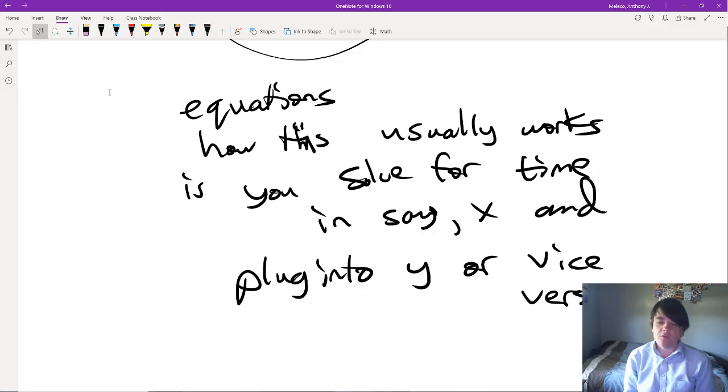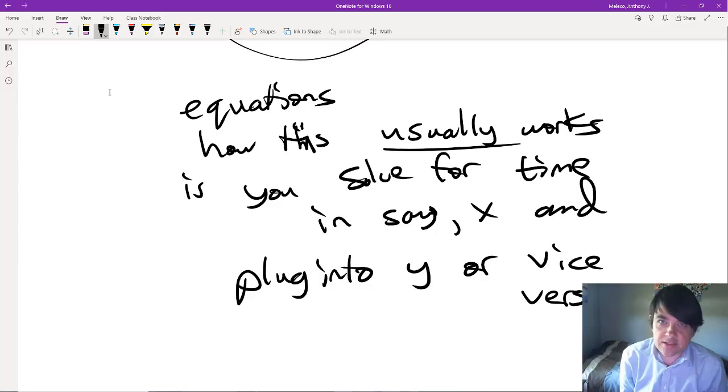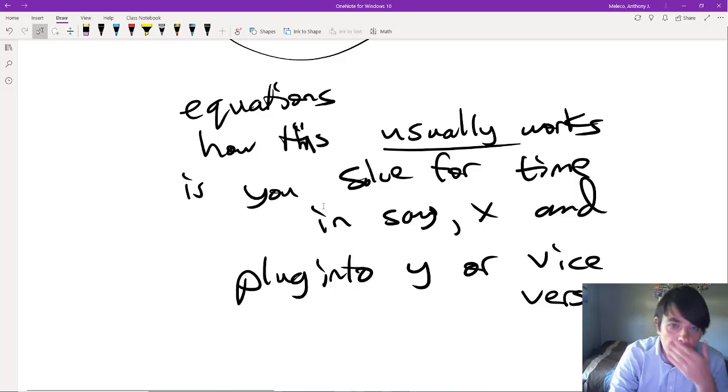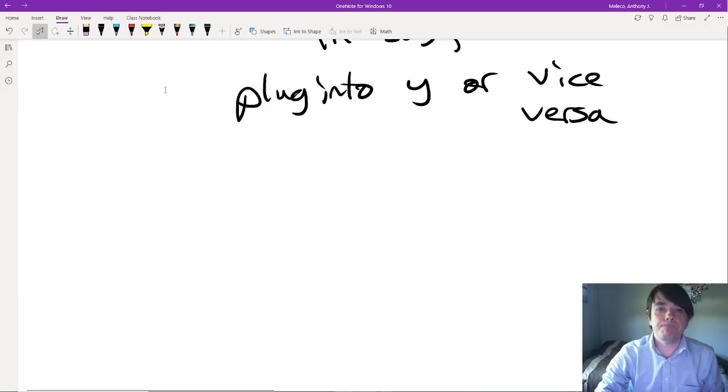So you solve for time in the x direction, and then you plug that answer into the y direction, because the time it takes to complete the motion in the x is the time it takes to complete the motion in the y. You may also do this vice versa, so maybe you solve for time in y and plug into x. That's usually the going rate. Sometimes it's a little more complicated than that. But yeah, that's pretty much it.